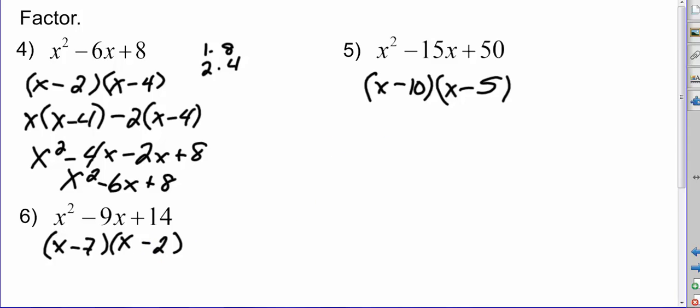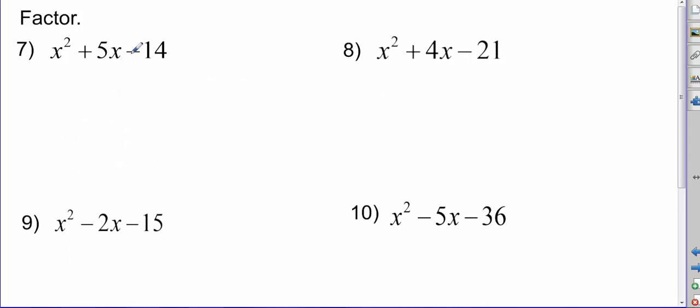Okay, so number 7 has a negative product and it's got a positive sum. What that tells us is we're going to have a negative in the binomial, and then we're also going to have another binomial that has a positive. And so in this particular case, it is going to matter which sign we put which number with, because we have to make sure that we get to a positive 5 when we add those two together.